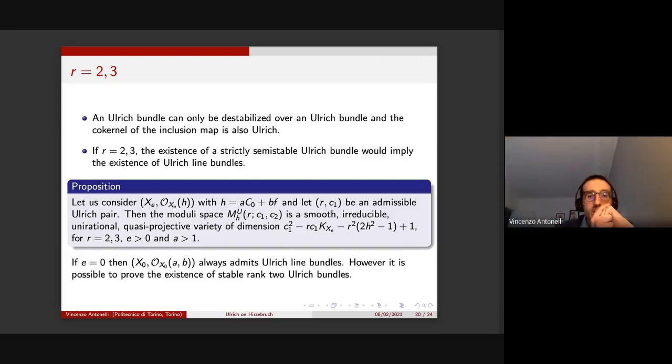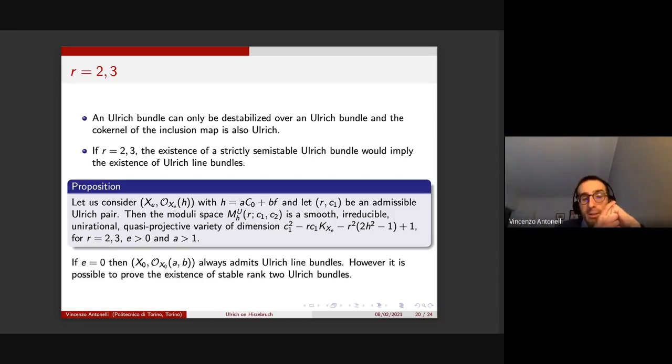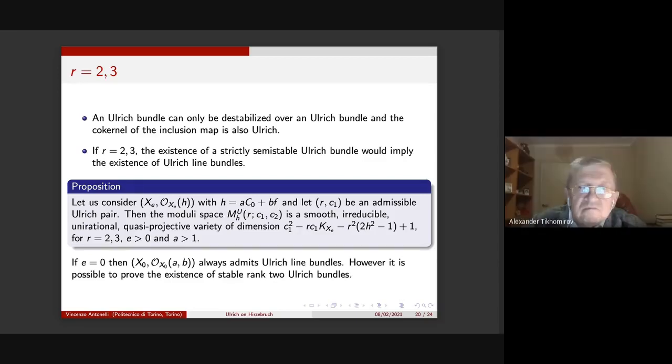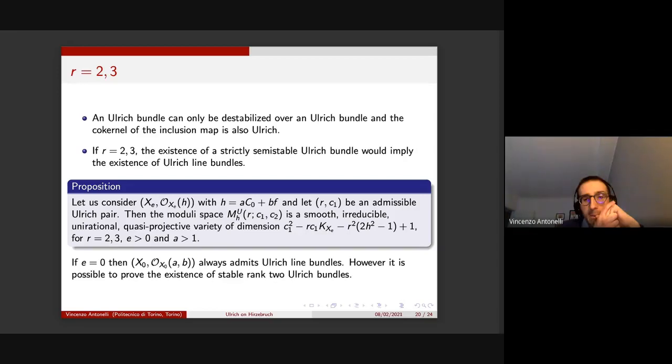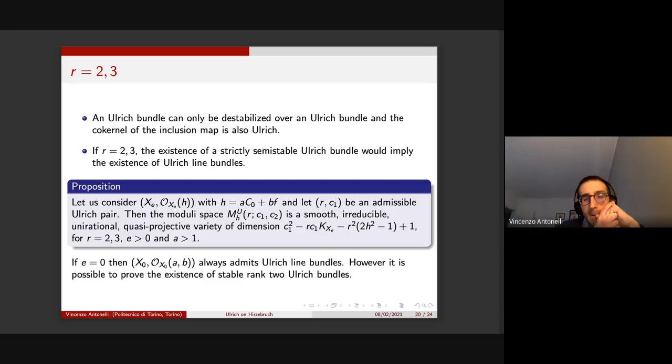The condition Ulrich implies the fact that it will be locally free. I don't know what it is at the boundary, but for what concerns locally free, being Ulrich gives you the local freeness.